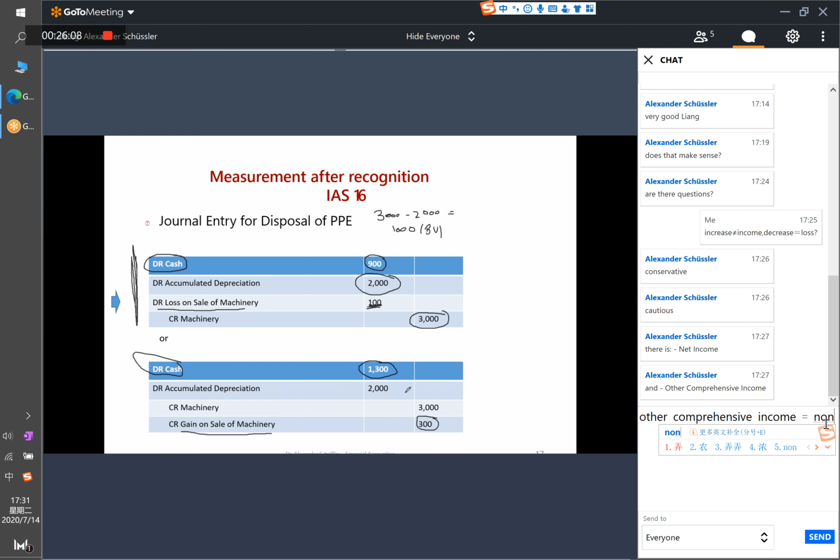If we get 1,300, that is more than 1,000, and we have a gain of 300. We have to credit it because it increases our equity. It is shown in the income statement and increases our equity.